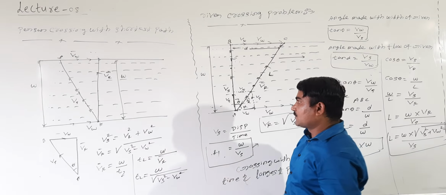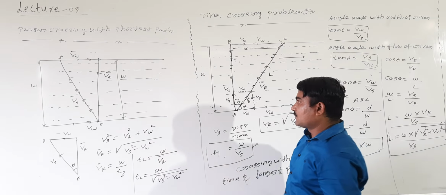To go from this point to this point, he may take more time as compared to this case, where the time was only T1 equal to W by Vs. But in this case, T2 equal to W divided by under root of Vs square minus Vw square, and T2 is greater than T1. This we are calling the shortest path, and the time is more. In the other case, it is a longer path compared with the shortest path.